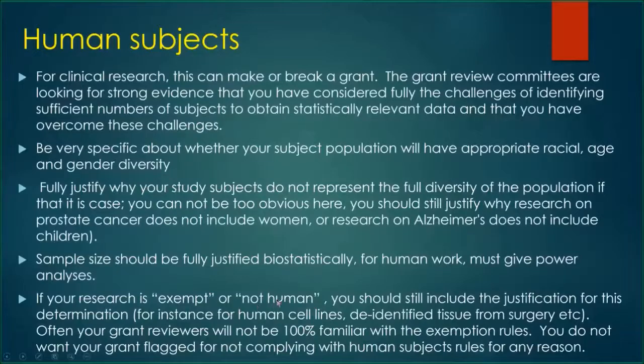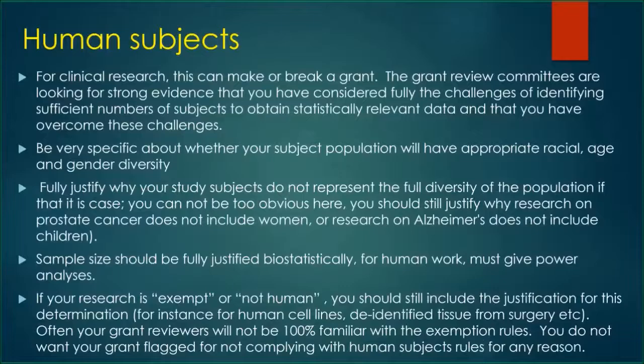Another thing is that if your human subjects research falls under exempt categories or not human categories, you still have to include the justification for this, because the reviewers are asked to review human subject sections, but they're often not that familiar with the ins and outs of what makes human subjects research exempt and when research on human cells is not considered human research.